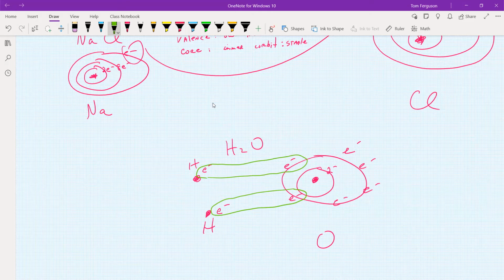Remember, electronegativity is the tendency for one atom to attract another atom's electron. So oxygen here, being more electronegative than hydrogen, will pull the hydrogen's electron sort of this way. So this is called a polar covalent bond.